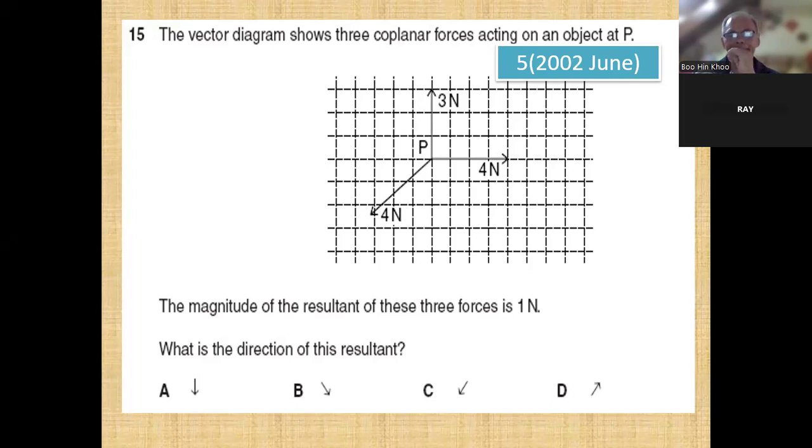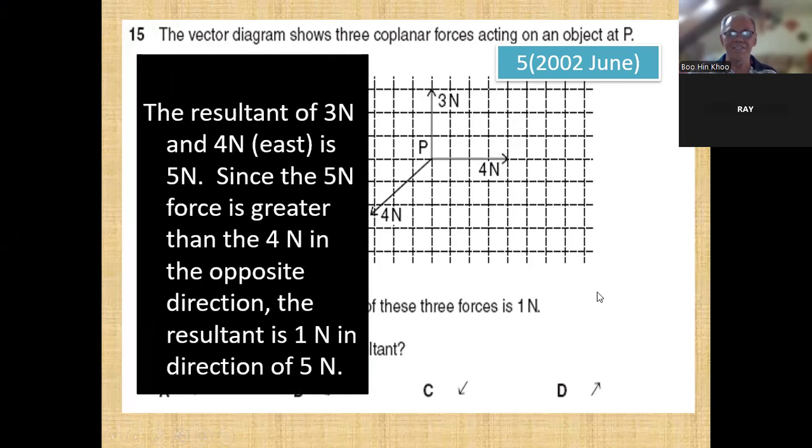What we did, 3, 4, 5. What with the 3 and 4 here? You know there's a 5 here. So 5 is longer than 4, so it should be 1 in this direction.